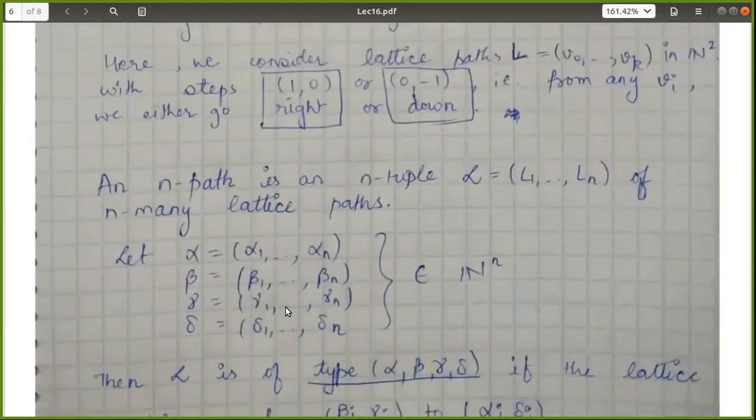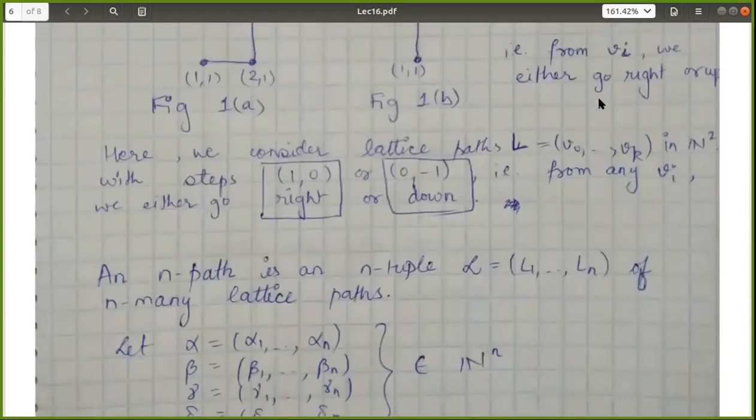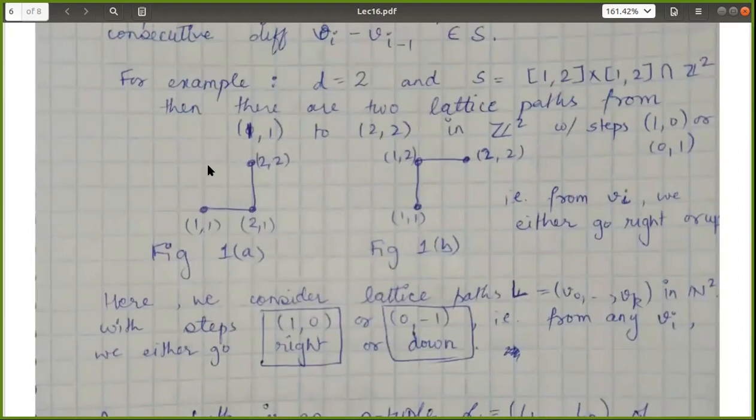Now some terminology, so just stick with it. An n-path is an n-tuple, calligraphic L, and not alpha. Calligraphic L is equal to (L1, L2, ..., Ln) of n many lattice paths. Each of these is a lattice path: this is L1, this is L2, and so on.